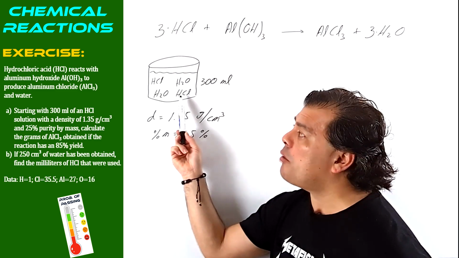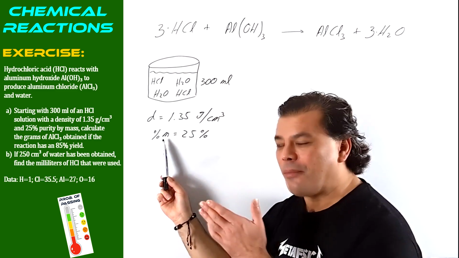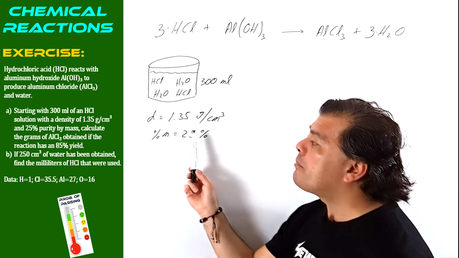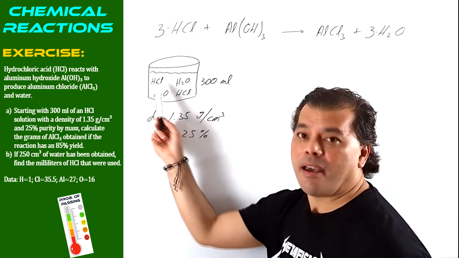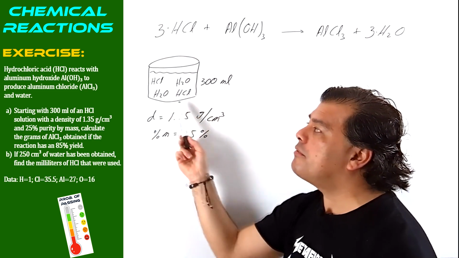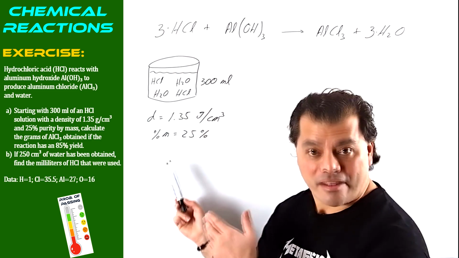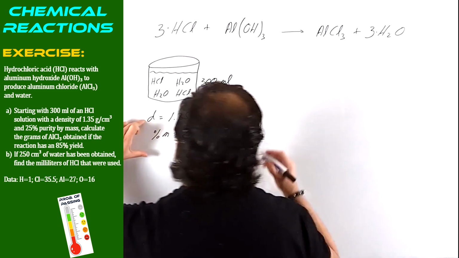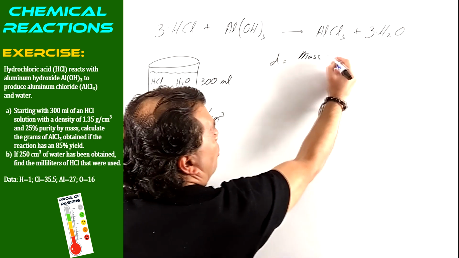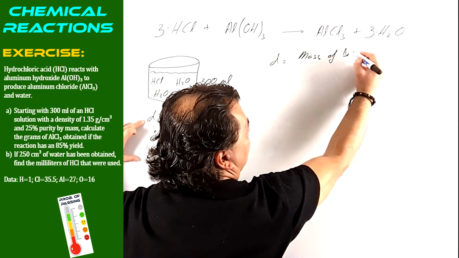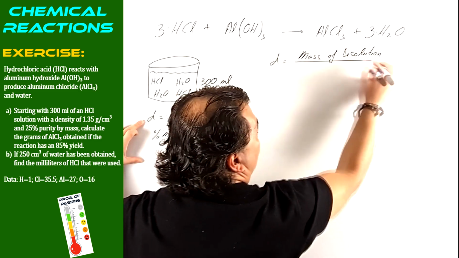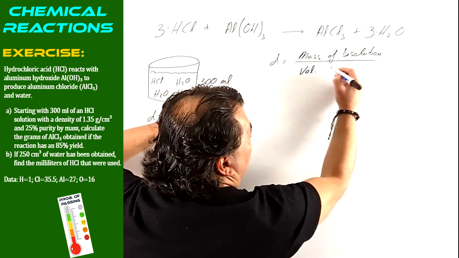How can we know it? Using the purity mass, because purity mass equals the mass of hydrochloric acid, only hydrochloric acid, divided by the mass of this solution. That's the way. Look, density equals mass of this solution divided by volume of this solution.